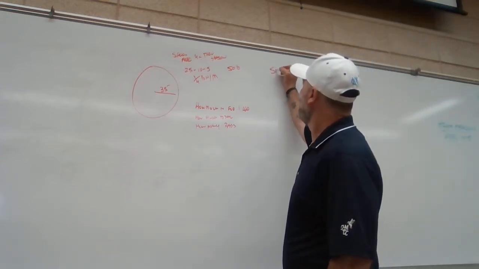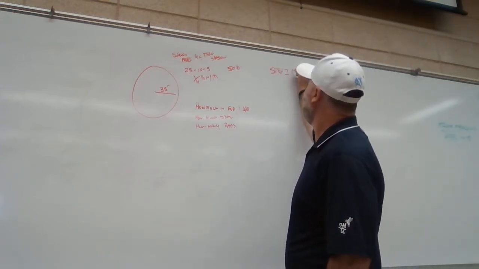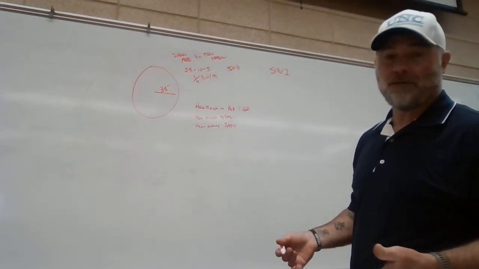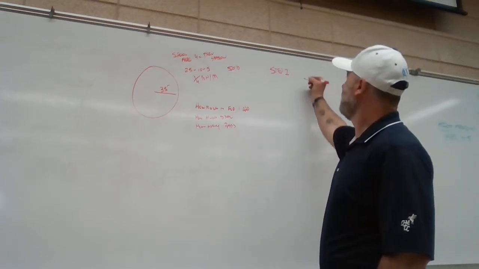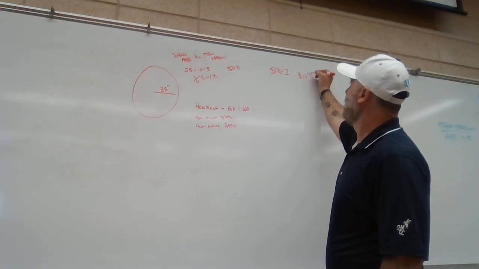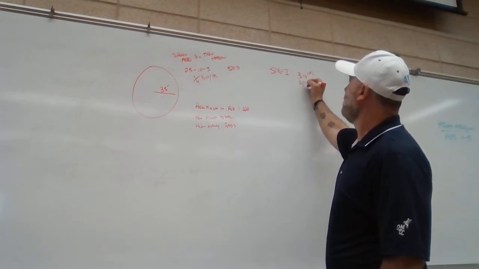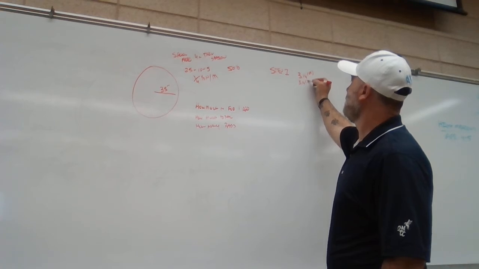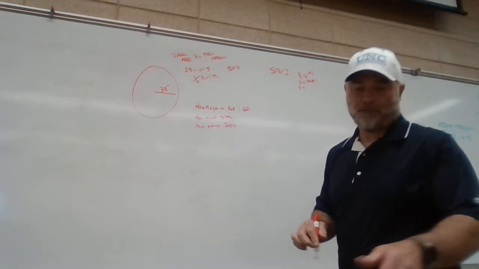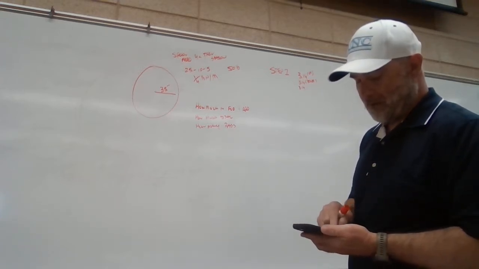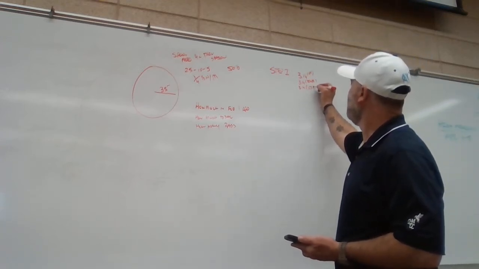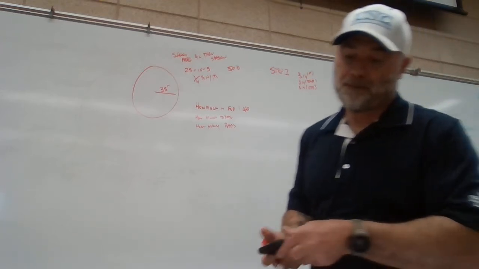Step 1, get everything. How do I do that? Formula's there. 3.14 times radius squared. 3.14 times 35 times 35, right? 35 times 35 equals 1225, right?